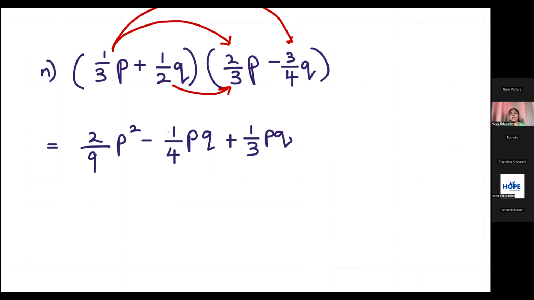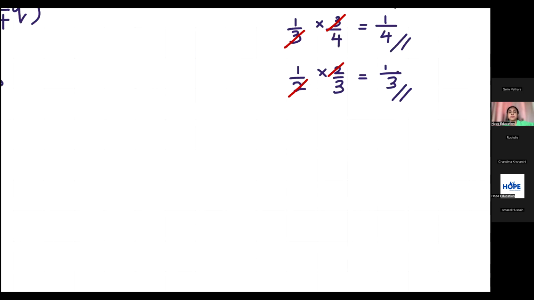Then 1/2q multiplied by minus 3/4q. Only fractions multiply. Here 1/2, here 3/4. 1/2 multiplied by 3/4. Nothing is getting cancelled off, so we will just multiply. 3 times 1 is 3. 2 times 4 is 8. 3/8.